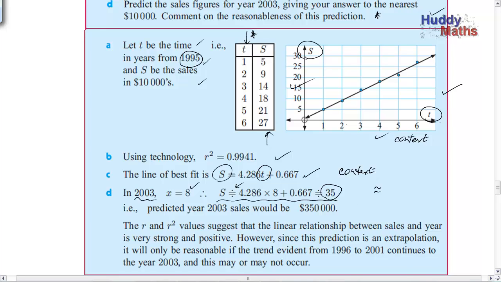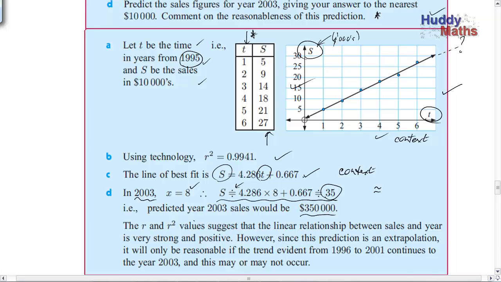And that should be mentioned up here as well, 5,000, 9,000, etc. So the units should be written like this, thousands. Okay, thousands of dollars actually. All right, so the predicted sales would be 350,000. What do you think? You're coming off the end here, and it's extrapolation.